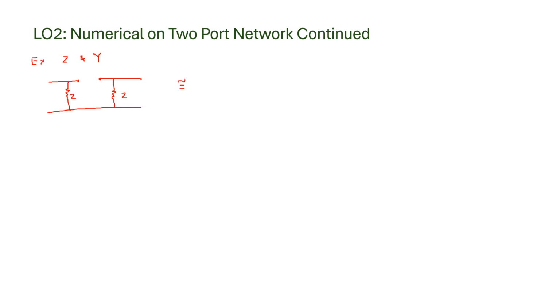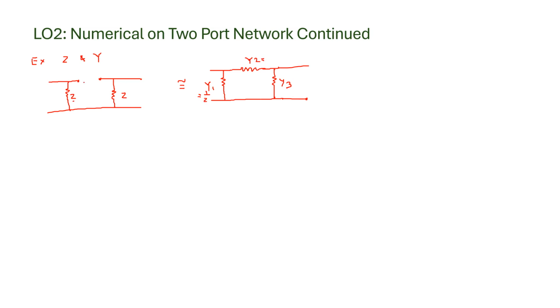Now let us convert it into the reference network of Y parameter. This is Y1, here we have Y2, and then we have here y3. Now y1 is equal to, here we have given impedance, so what is admittance? It is 1 by z. So y1 value will be 1 by z.